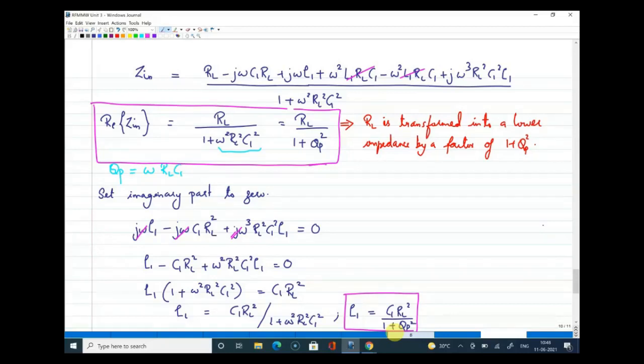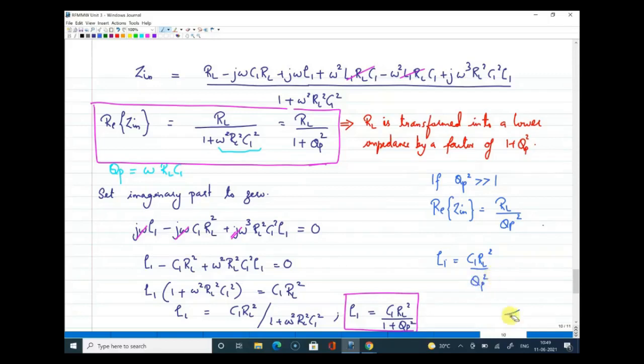Now, say for example, if I'm assuming that the QP square value is much larger than 1, I can approximate the real part of the impedance directly as RL divided by QP square, and inductance value also can be written as C1 RL square divided by QP square. This is possible only if your Q factor is much larger than 1.